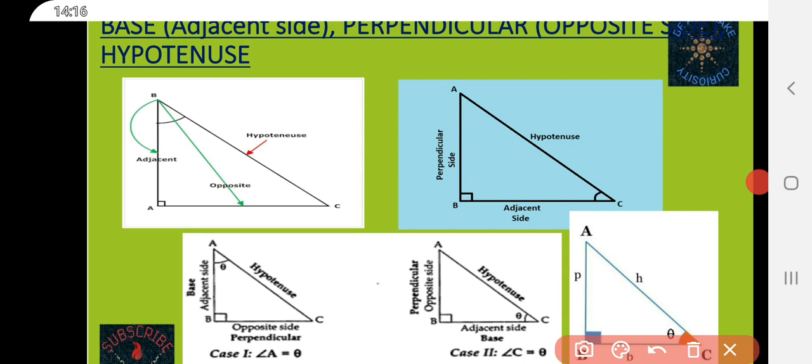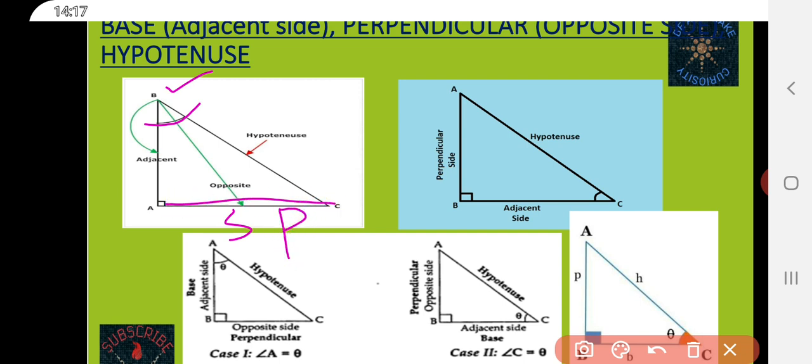See, in a right angle triangle, now we shall know to recognize which side is called what. In this right angle triangle, if you take this angle B as the reference angle, then the side opposite to angle B is your perpendicular.